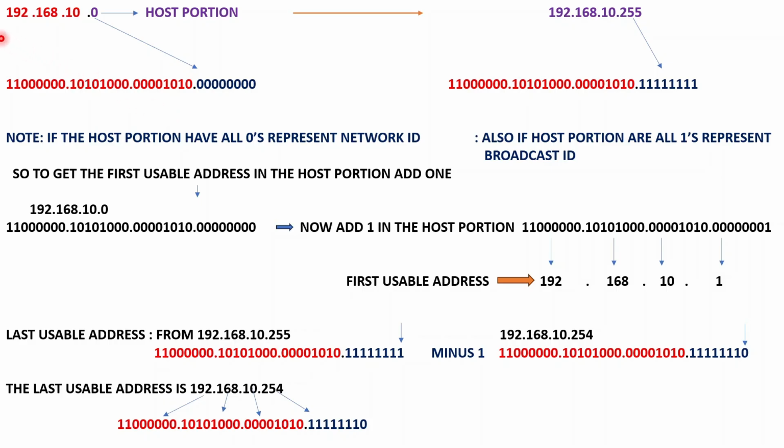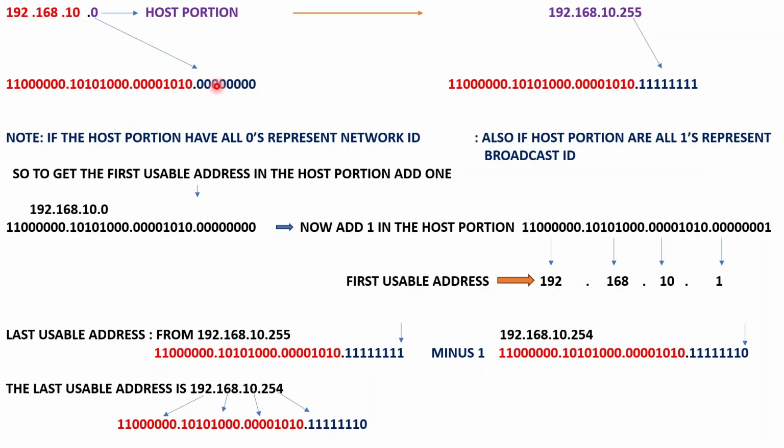Let us consider hii network hapa 192.168.10.0. So as we said before, since this is a class C network, it is a /24 network. So /24 network means the first 24 bits. Ukiangalia hapa zenye rangi nyekundu, these are the first 24 bits. They represent the network portion, while the remaining bits, hii hapa ya blue, they represent the host portion.